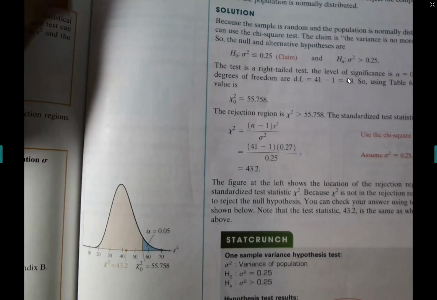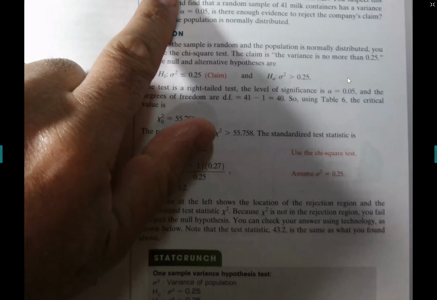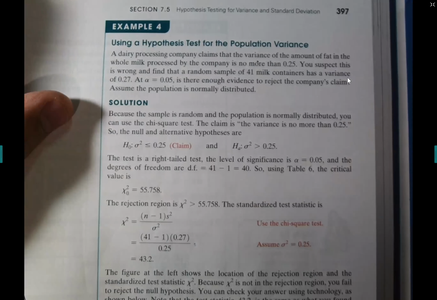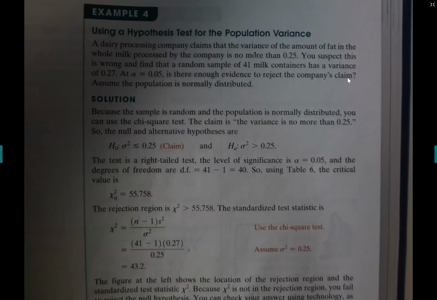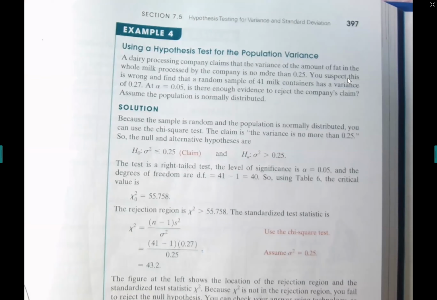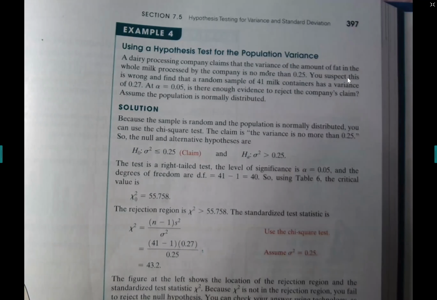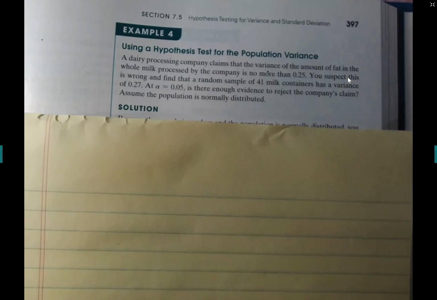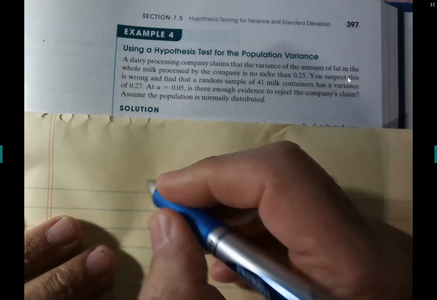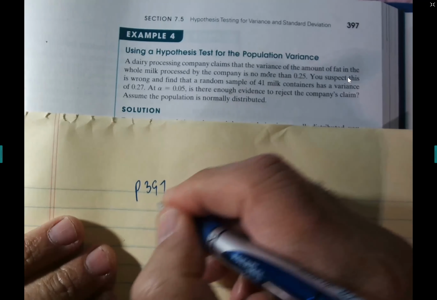So I'm going to do example 4. Pay attention to this example. You could have something similar to it later. Watch. 5 steps, guys. Just like we did before, we're going to perform the 5 steps. Okay, I'm going to hide this. Your solution is already there. So I'm doing page 397, example 4.